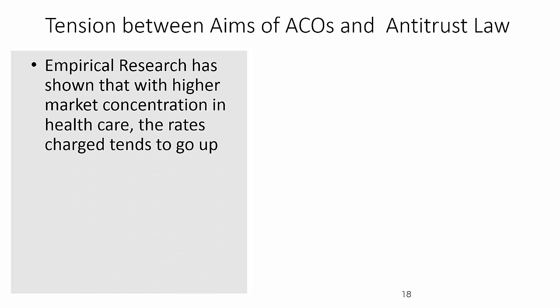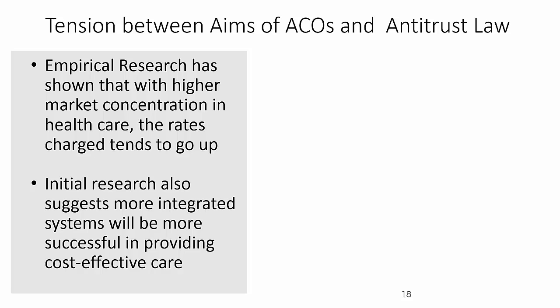On the one hand, from the existing empirical research, we know that with higher market concentration of providers in a given region, the rates that private insurers are forced to pay and also insurance premiums that consumers pay tend to go up. But on the other hand, emerging research also suggests that integrated systems will be most successful in providing cost-effective care and avoiding providing unnecessary and expensive care.